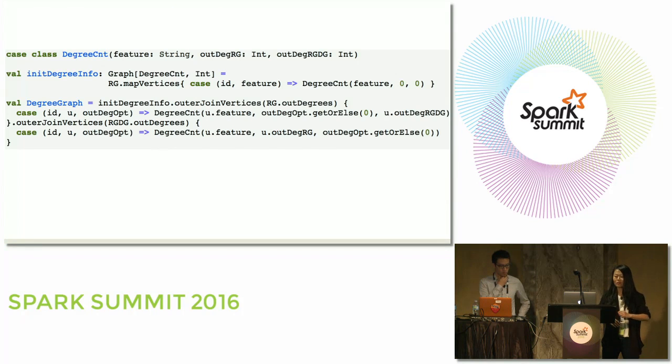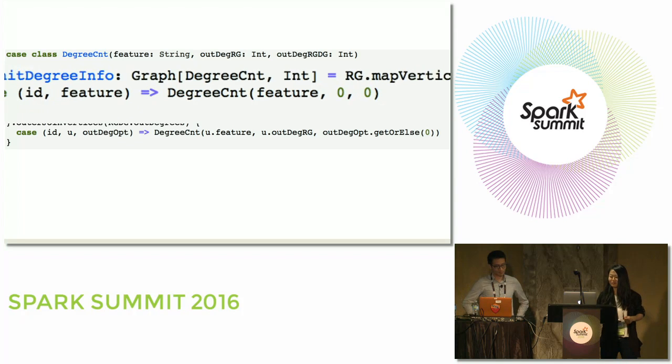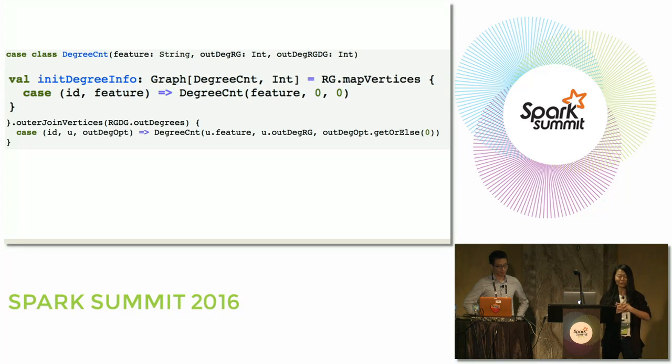Well, I bet a lot of you want to see the code, and that makes it a little more readable. So the algorithm is very simple, just a couple of lines of Scala code. Basically, we initiate a degree info graph where we have 2 degree fields initiated as 0 and 0.